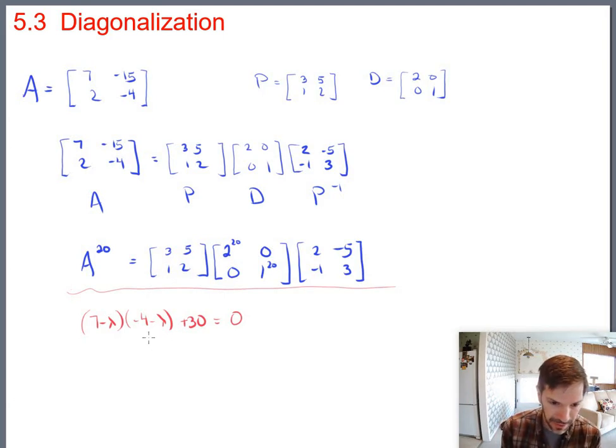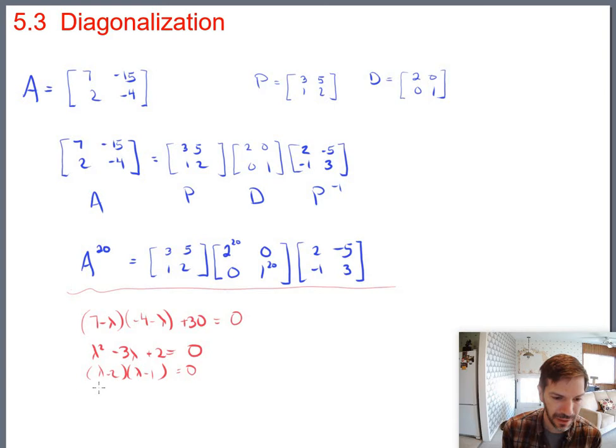Let's multiply this out. We get lambda squared plus 4 lambda minus 7, so plus 4 minus 3 lambda, negative 28 plus 30, so plus 2 equals 0. That one happens to factor nicely enough: lambda minus 2 and lambda minus 1.